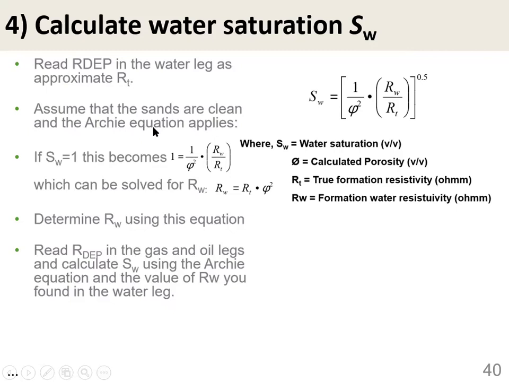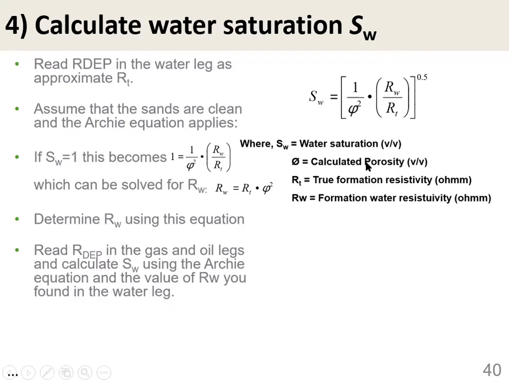Note that Archie's equation only applies for clean sand. And of course, in the water zone, you expect the water saturation to be unity. So if water saturation is unity, that's the Archie's formula.